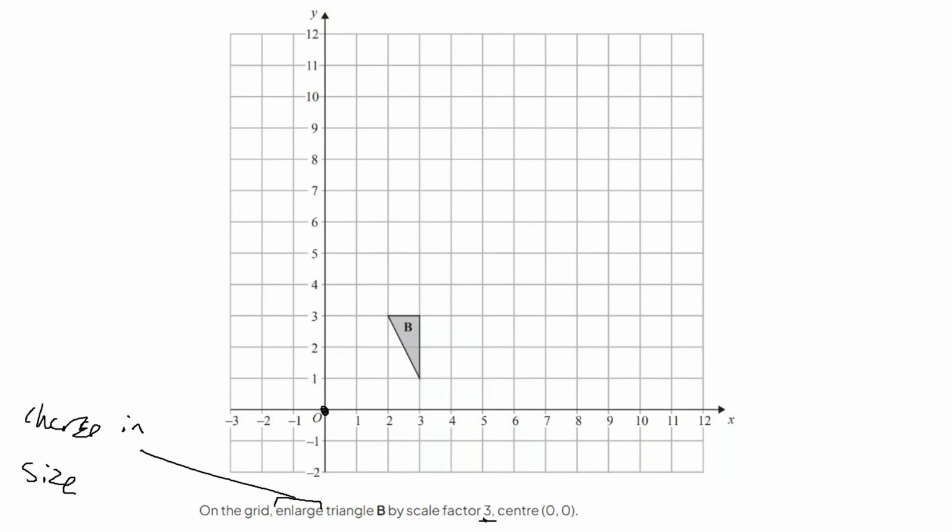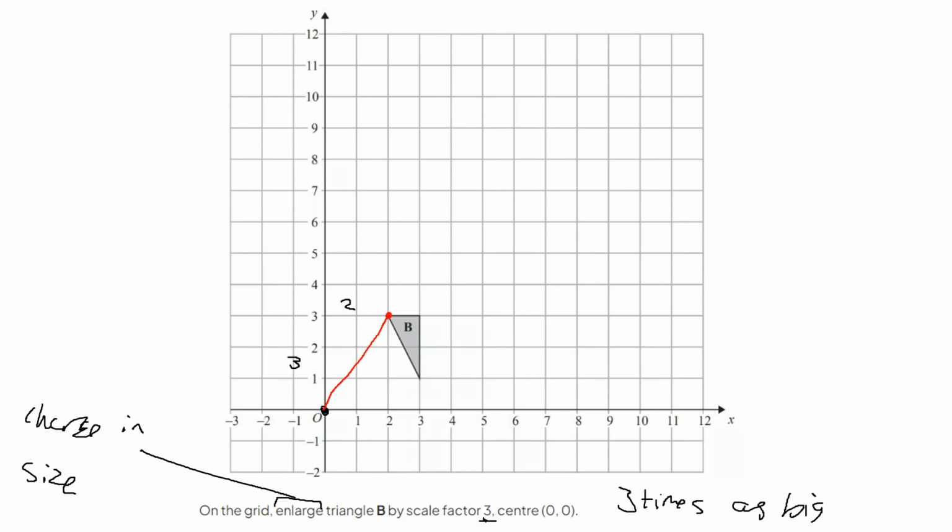So the first thing that we need to do is, one at a time, draw a line that connects one of the points to the center of enlargement. So like that. Now, let's look at this line. It is a 3 by 2 line. And because the scale factor is 3, we need to make it 3 times as big.